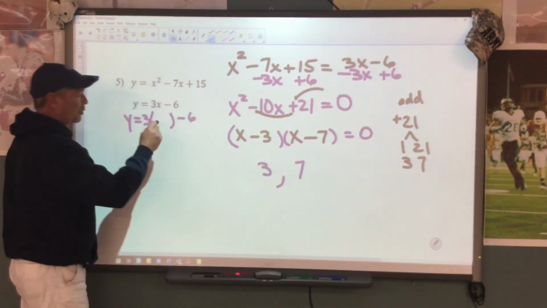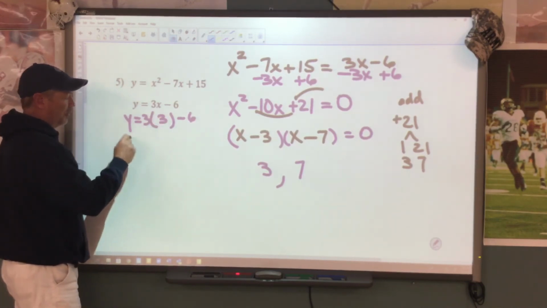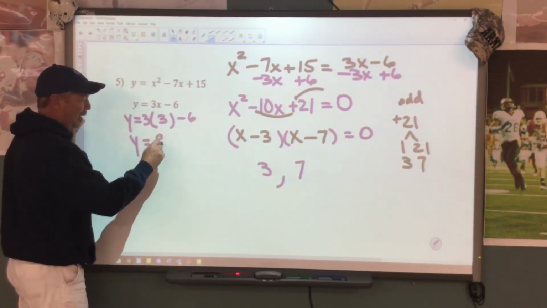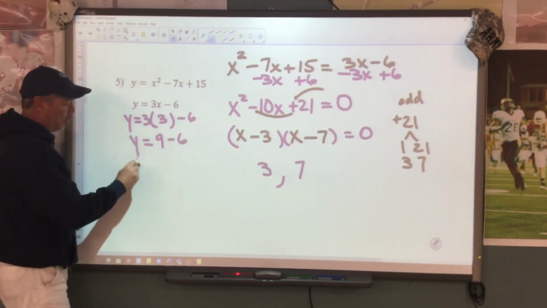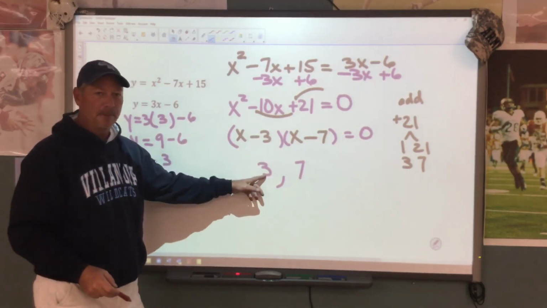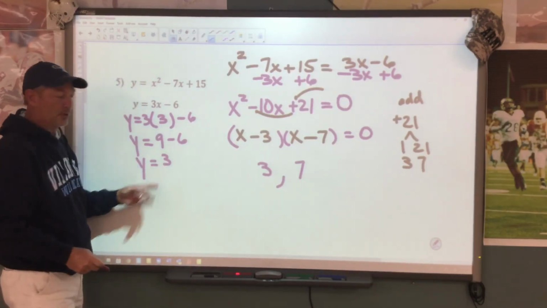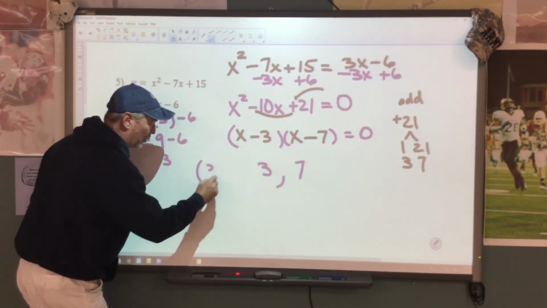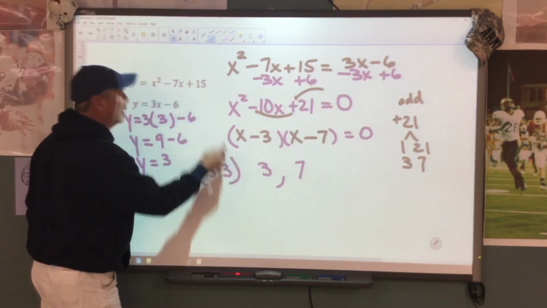We're going to substitute the 3. That will give us y equals 9 minus 6. Y equals 3. So when I substitute in a 3, I also end up with a 3. So one ordered pair would be 3, 3.